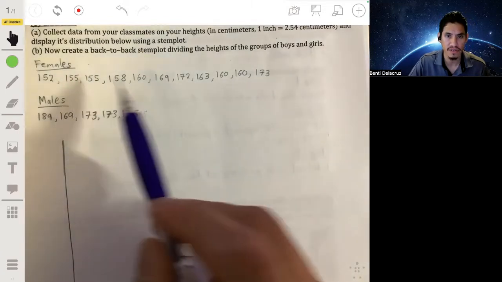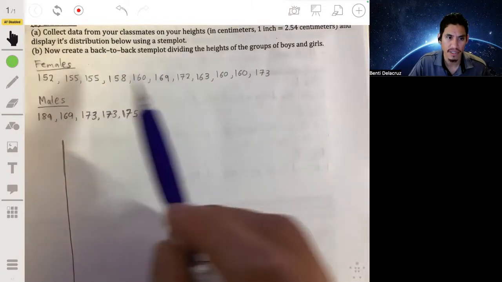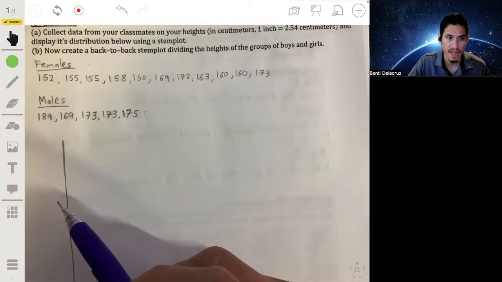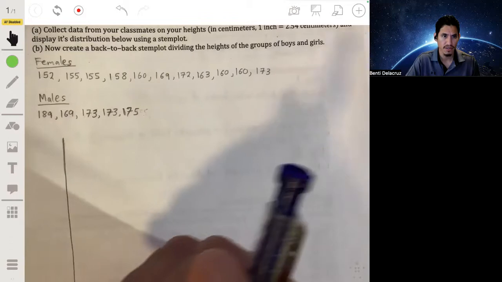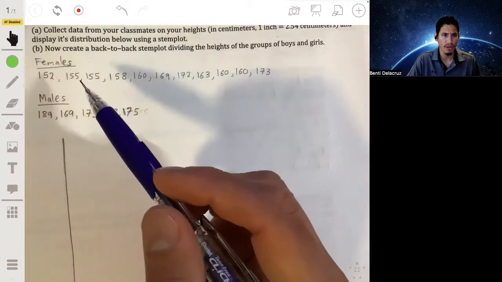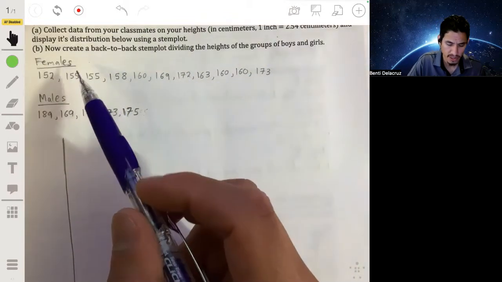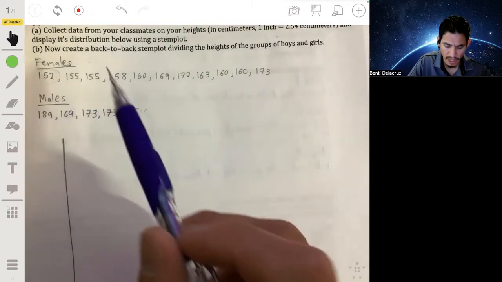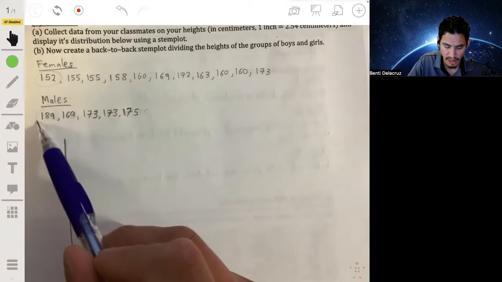Since each of these numbers has 3 digits, the stem is going to have the first 2 digits on the left, and you're going to go in order. For example, the lowest value we have is 152, and the highest value looks like 189.